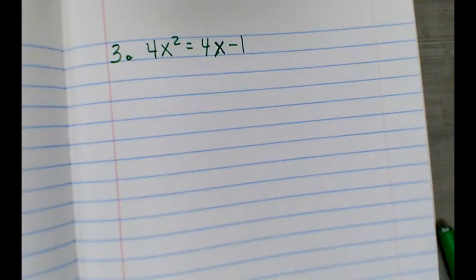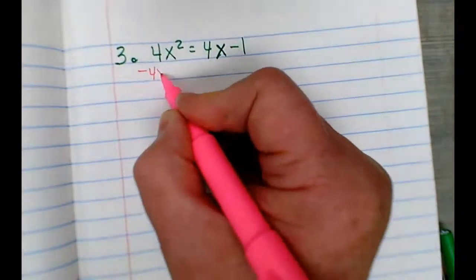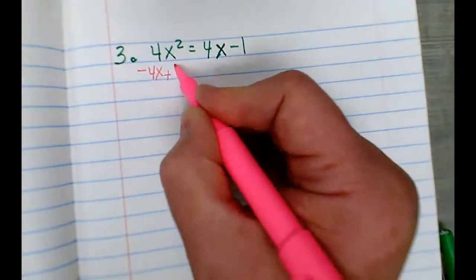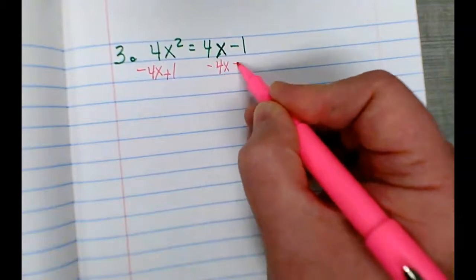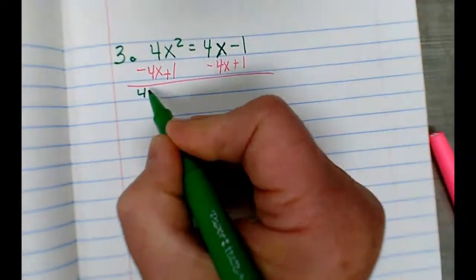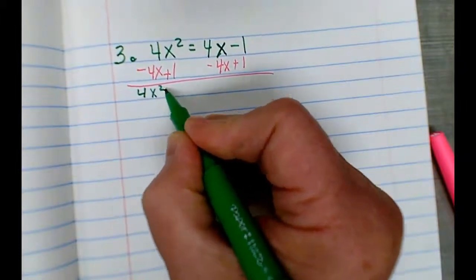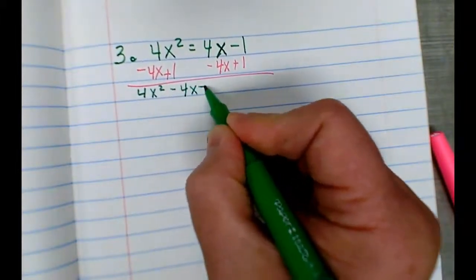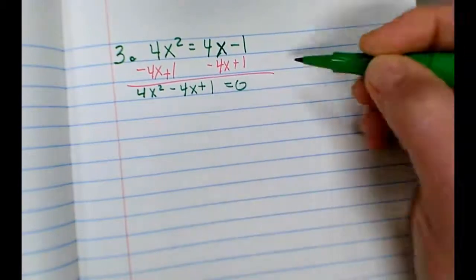How do you make it equal to 0? And so I need to subtract 4x from both sides and add 1 to both sides. X squared minus 4x plus 1 equals 0.